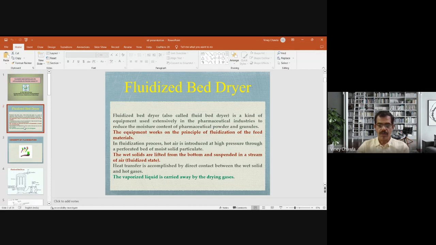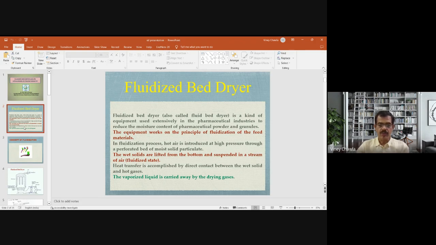If we go and see the definition of drying, drying is a unit operation which leads to vaporization of the contents. More often than not, when we are preparing tablets or capsules, we come across granules. So, this equipment is very useful.